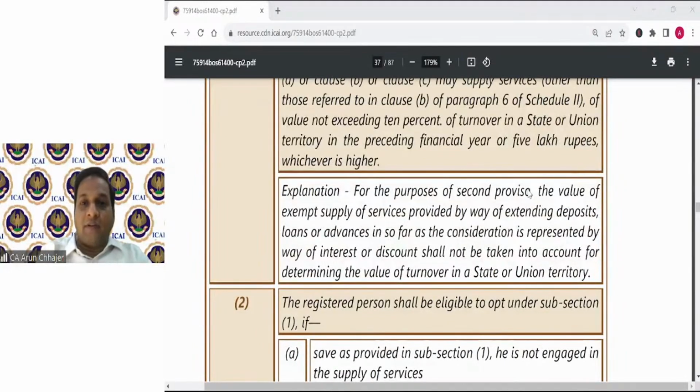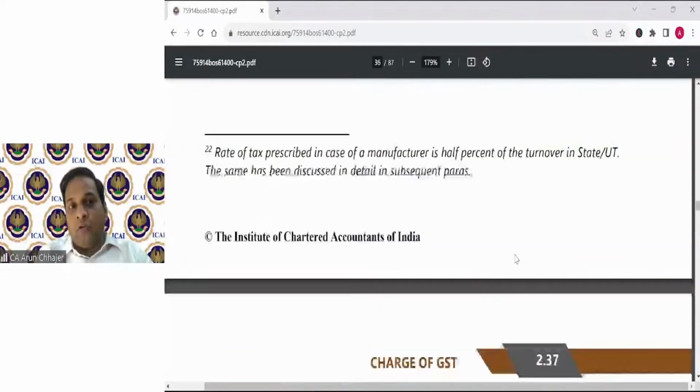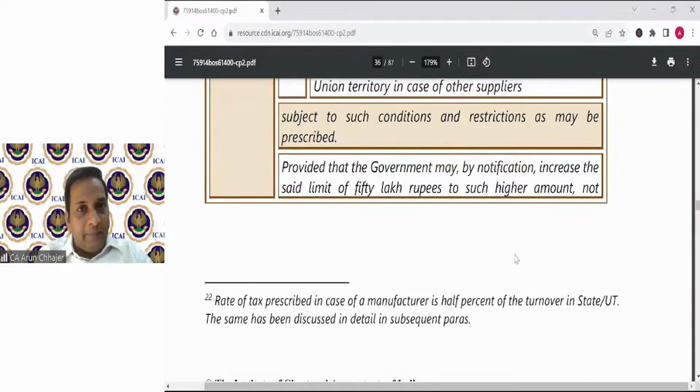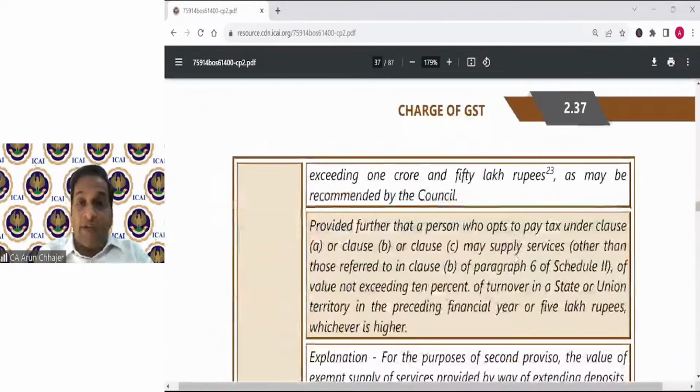For the purpose of the second proviso. What was the first proviso? The limit can be increased. What is the second proviso?